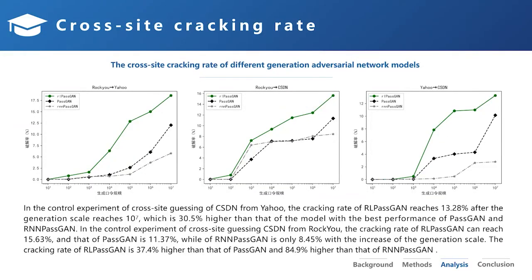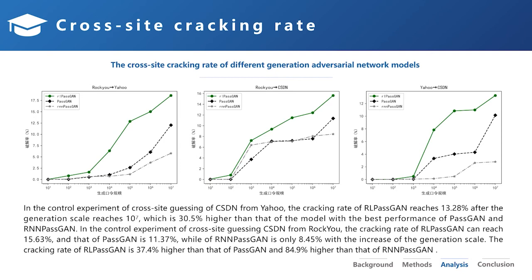In the control experiment of cross-site guessing of the system from Yahoo, the cracking rate of RLPassGAN achieves 13.28% after the generation scale reached 1 million, which is 13.5% higher than that of the model with the best performance of PassGAN and the other baseline.